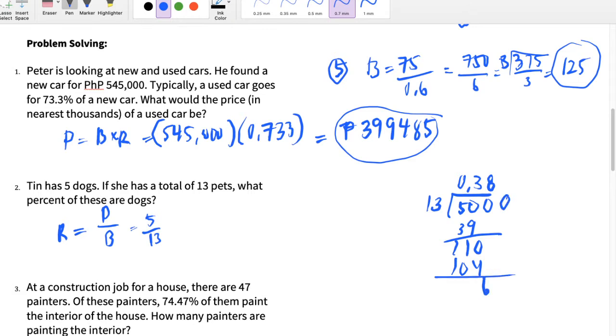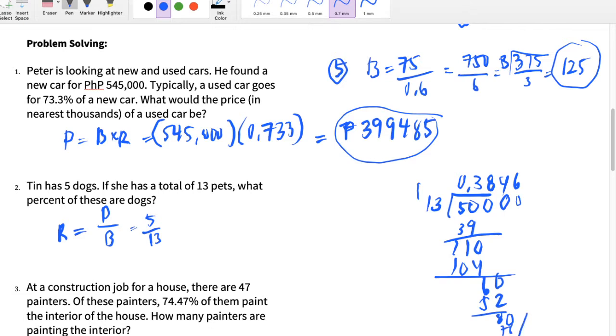Subtract natin, 6. Let's add another 0. 60 divided by 13, 4. 2, carry 1. 52, 8. Sige, last na lang to siguro. 80 divided by 13, that would be 6. And then, ang sagot, 6, 78.